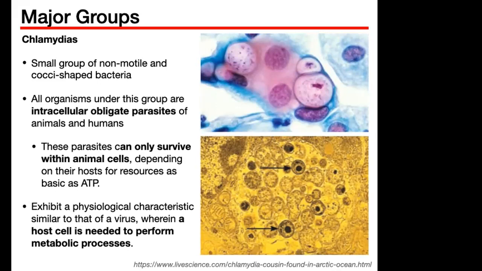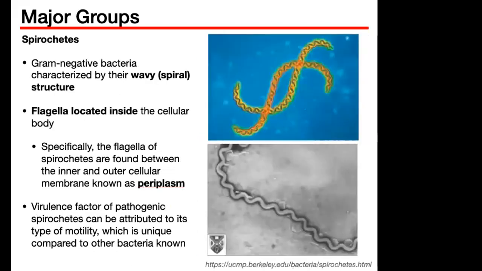And they exhibit a physiological characteristic similar to that of a virus, wherein a host cell is needed to fuel their metabolic processes. So many species of chlamydia cause human infections, and many of these are sexually transmitted, di ba? And meron din namang iba na respiratory yung kanilang atake, no? Like Chlamydia pneumoniae.